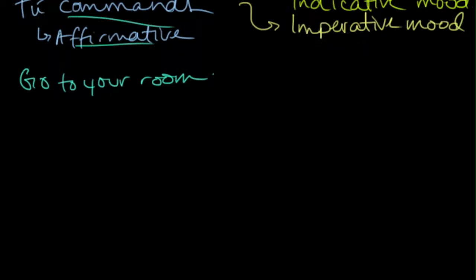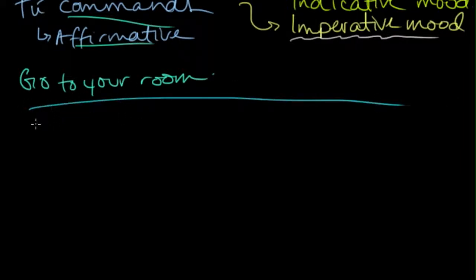There are several other moods that you might be familiar with. The interrogative mood is asking questions. So it's basically the purpose behind the sentence. An affirmative command is telling someone to do something, whereas a negative command is telling someone not to do something. So we're going to focus on affirmative commands, and let's get started.